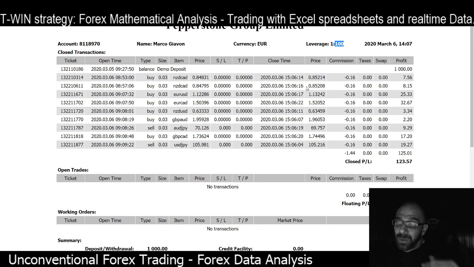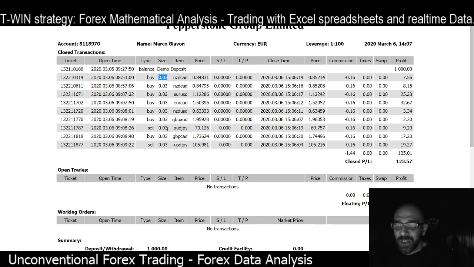I had to act consequently as regards the sizing of the lots that I traded. So I decided to use this lot size for every trade.